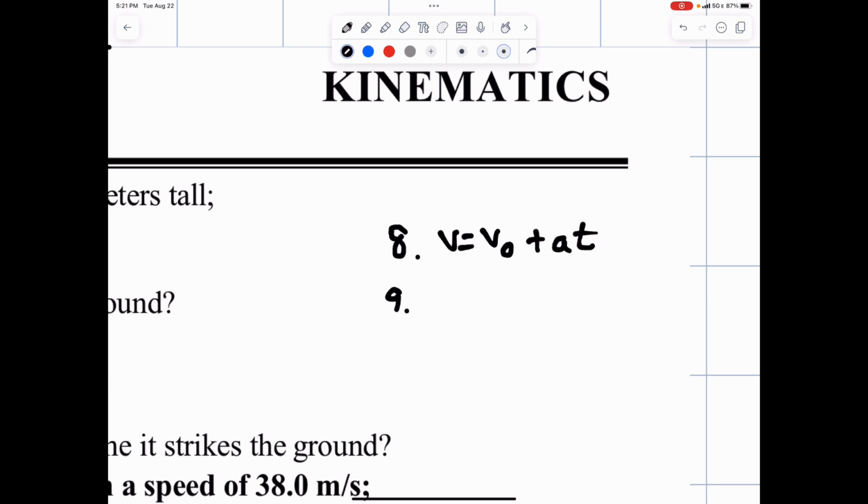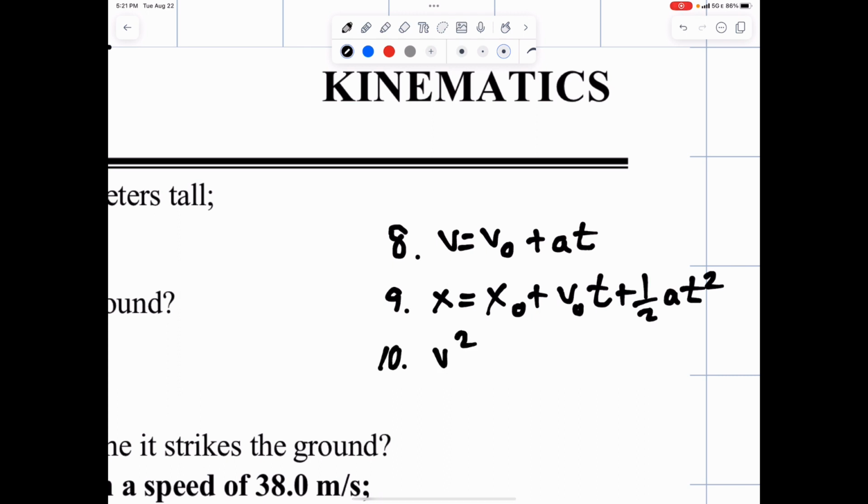Number 9 was X equals X naught plus V naught T plus 1/2 AT squared. Number 10 was V squared equals V naught squared plus 2A times the quantity X minus X naught.